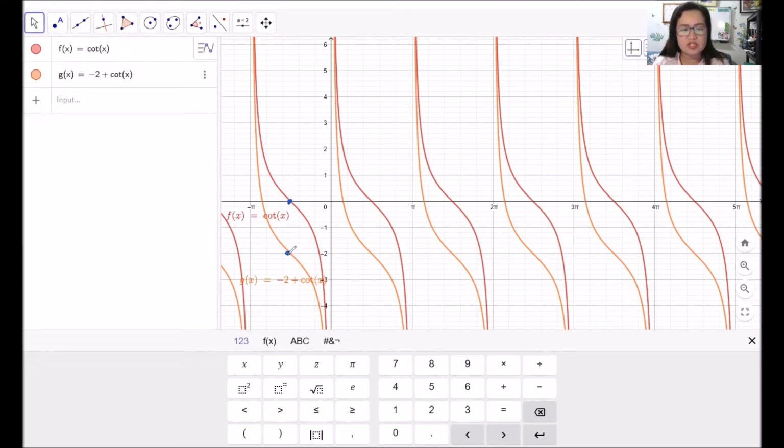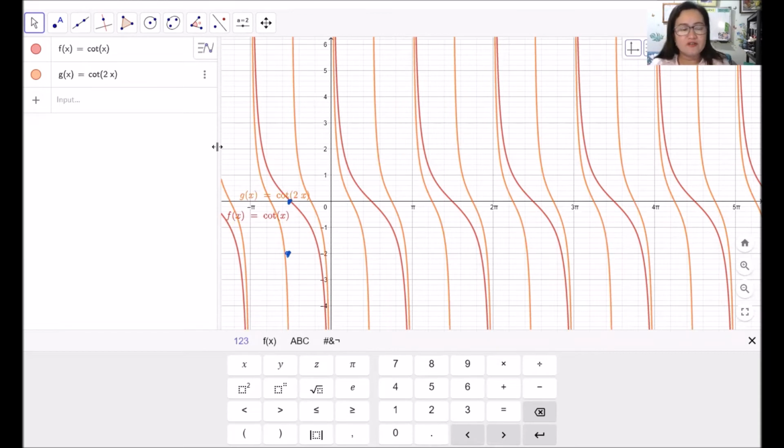Now in this point, we have y is -2. So it shows clearly that if the value of b is negative, the graph is shifted downward. So for the function -2 plus cotangent x, the graph of cotangent x is vertically shifted 2 units downward.